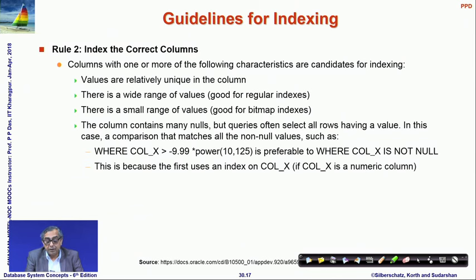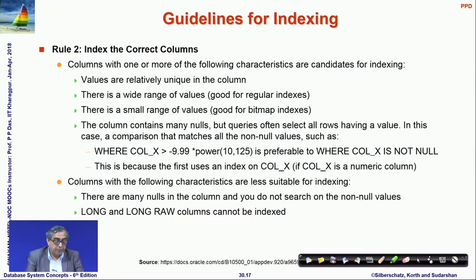Compared to that, if you had just done a non-null check, your first query would run faster if you have an index on the column x, because the query would be able to work on that index. So, these are things that you should do in terms of the column.